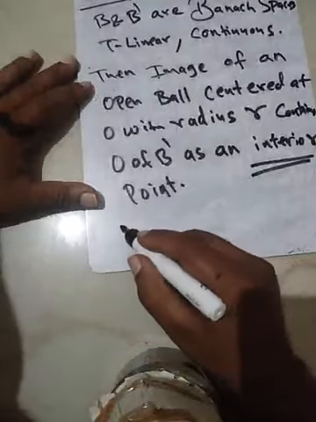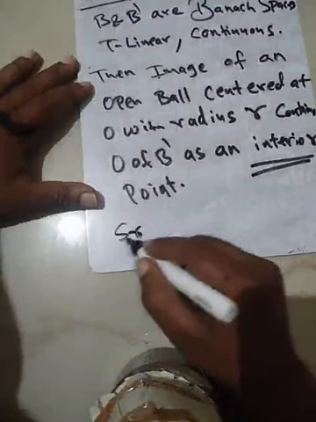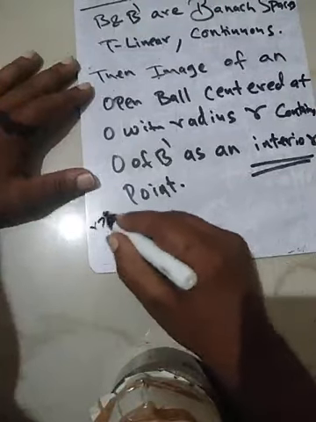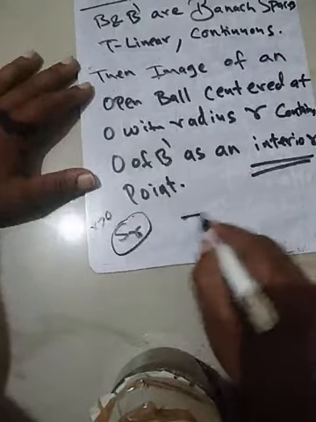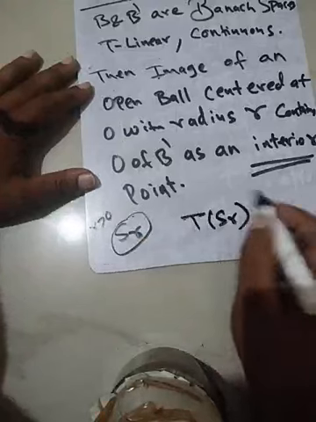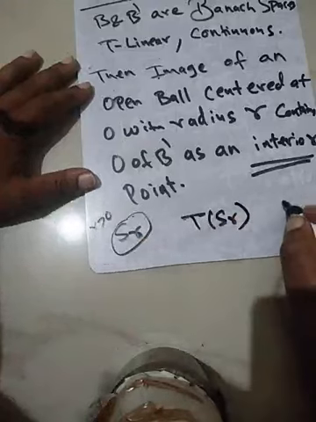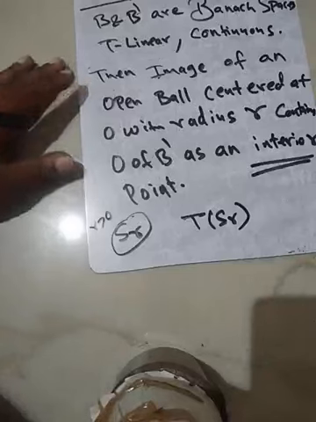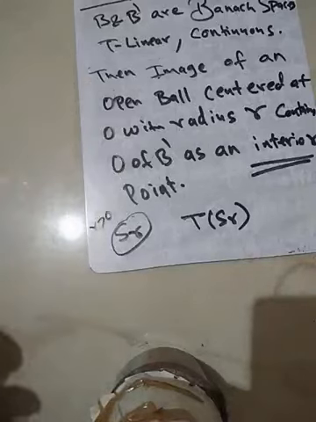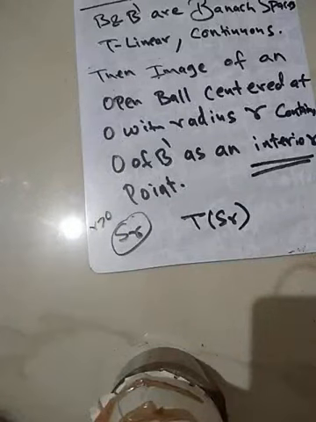This is important. So what we are saying is that suppose SR is a ball centered at 0 with radius R, R strictly greater than 0. You look at this SR and look at T of SR. Then 0 is in fact an interior point of T of SR. It's not lying on the boundary or outside, it is in fact an interior point. So let's try to show this thing.